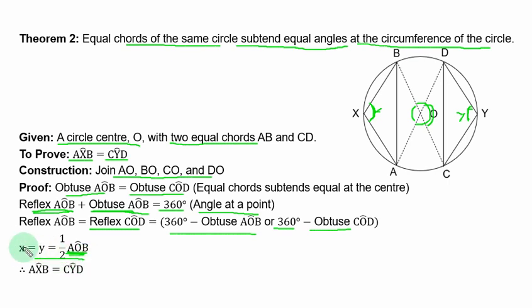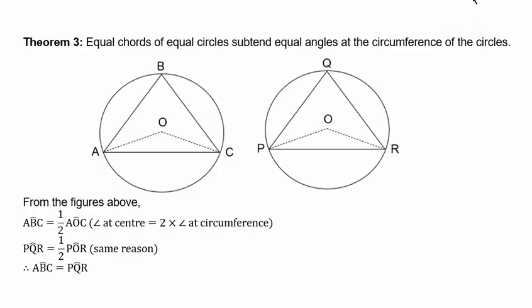Now look at s. S is the angle represented by ASB and y is represented by CYD, and both angles are equal. Theorem 3.